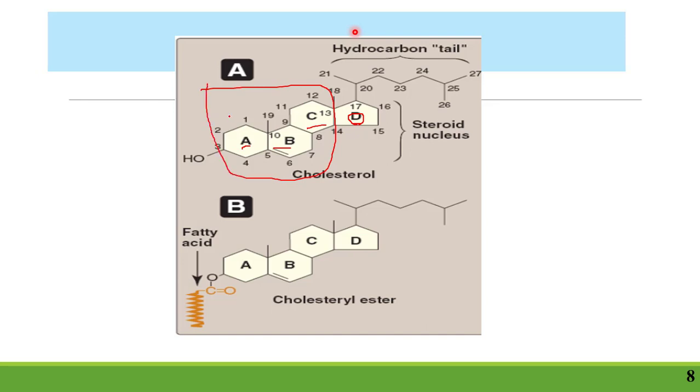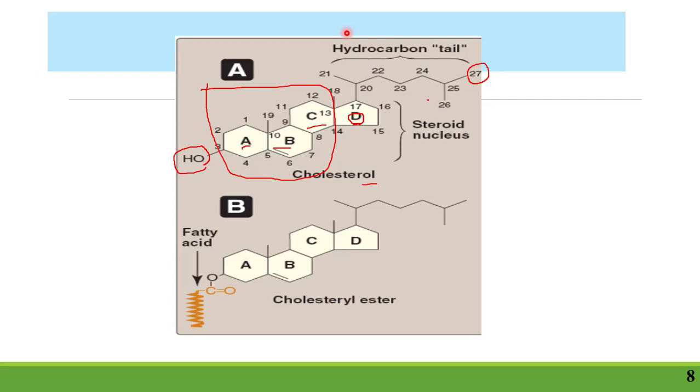A total of 27 carbon atoms is present in the cholesterol structure, and one hydroxyl group at the third position, which is characteristic of all sterols. The OH group is beta oriented and projecting above the plane of the ring.